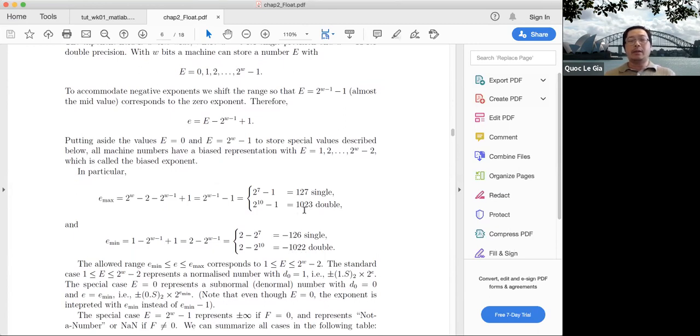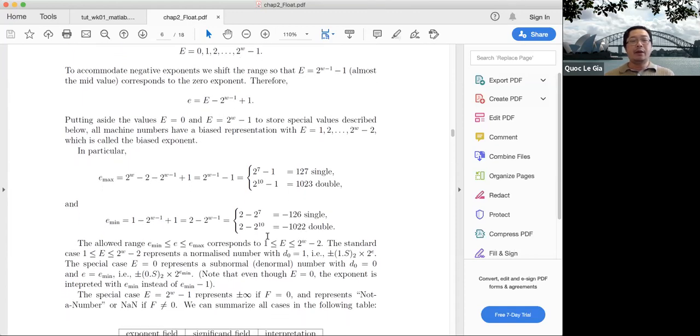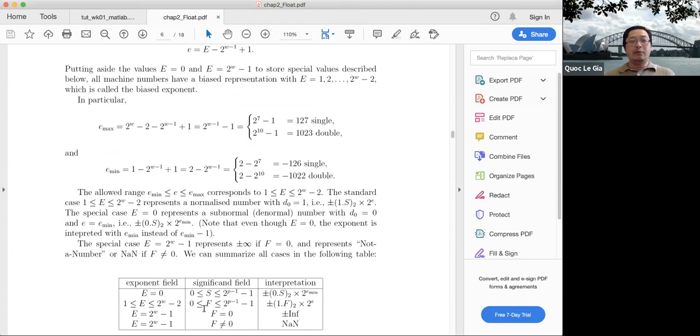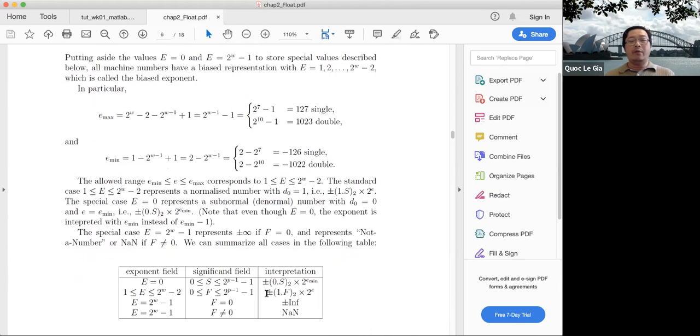If you take the sum, you will see that there are only 2046 values, so there are still 2 values left. Those 2 values are for special cases: not a number, plus and minus infinity, and non-normalized numbers, and so on.